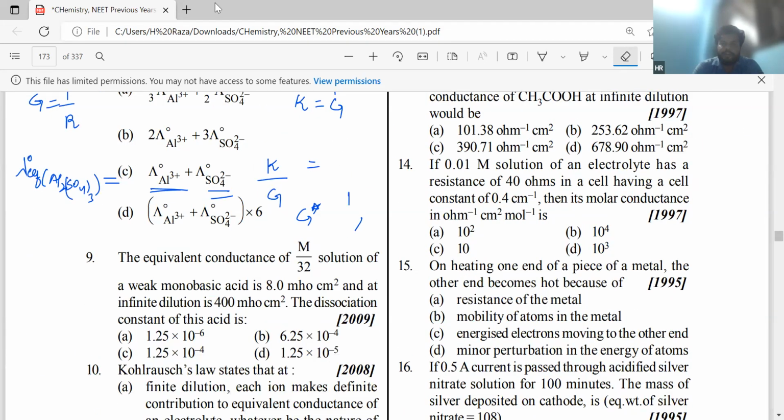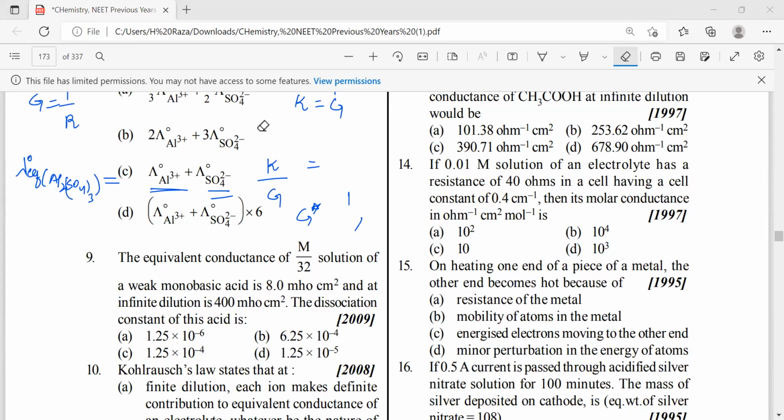Question 14 is also very easy. Please do this. I'm waiting.